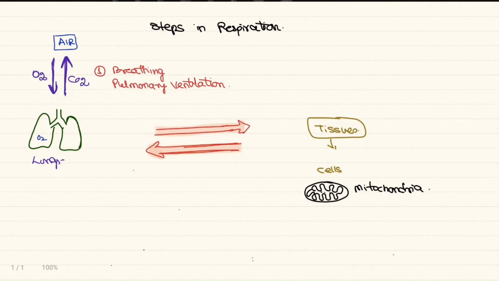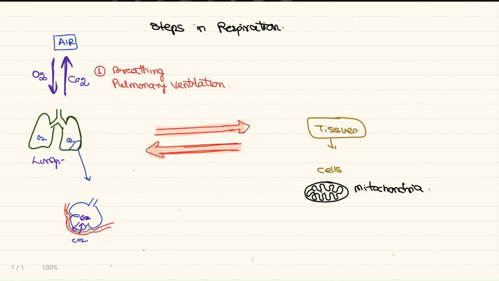So now the oxygen reaches the lungs, and if I take a small part of it, these are the alveoli, which are surrounded by the blood capillary. And if you remember, this is the exchange path where the O2 and CO2 get exchanged.